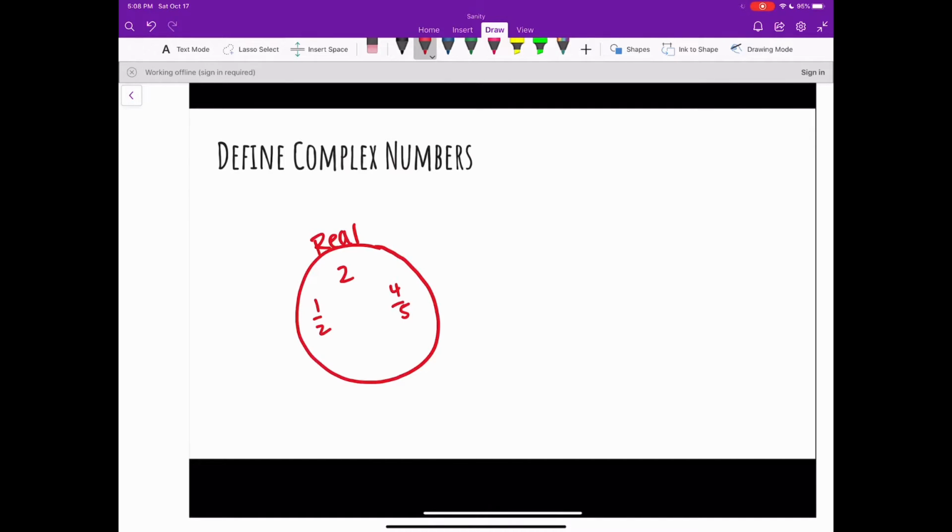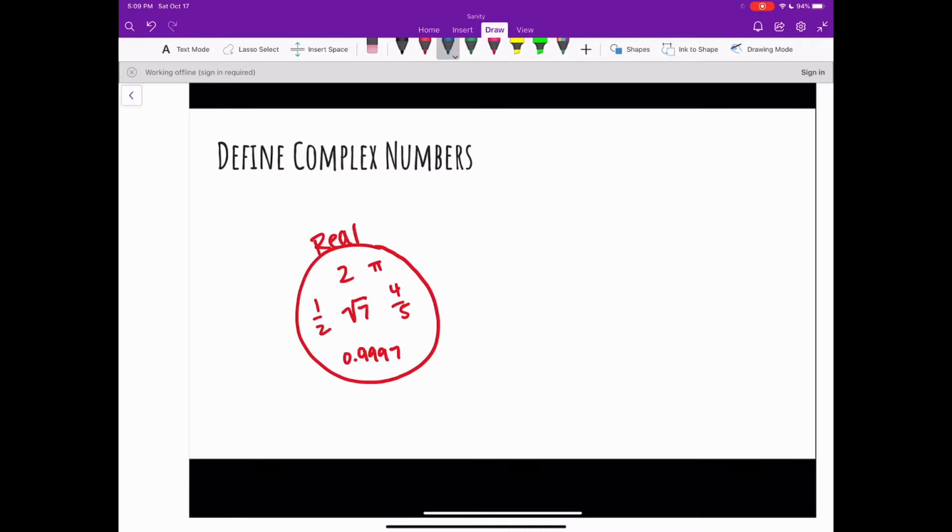Maybe a real number is 0.9997 or square root of 7. Square root of 7, it's a crazy number, but it's still technically real. I'm going to add one more in there. Pi, 3.141519, it keeps going on forever, right? But it's still technically a real number because there's no imaginary part to it.